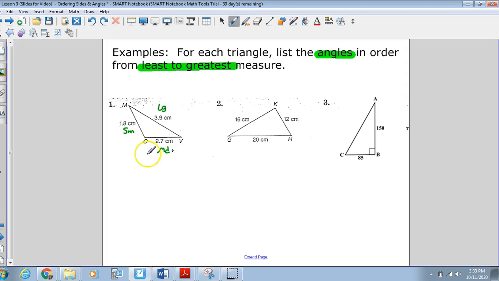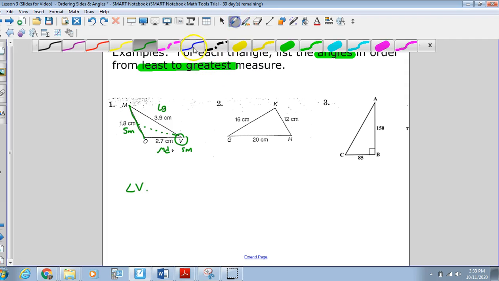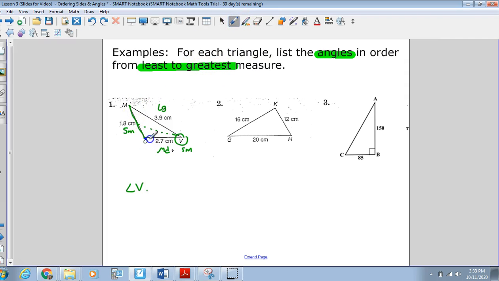So in order to list the angles, our small side over here, then across from that, this angle V is our smallest angle. So angle V is smallest, because we're going least to greatest. And then our medium is this 2.7. Across from this side, this angle up here, angle M, would be our medium.